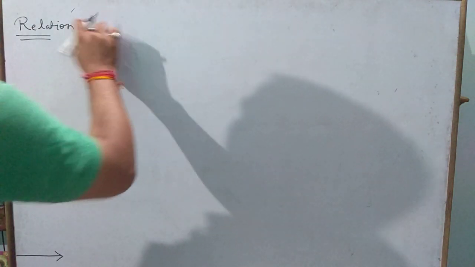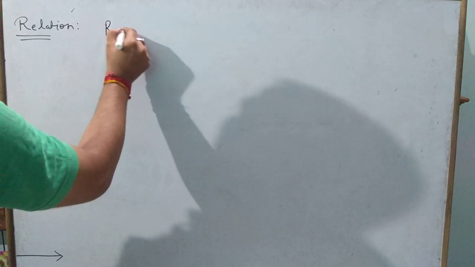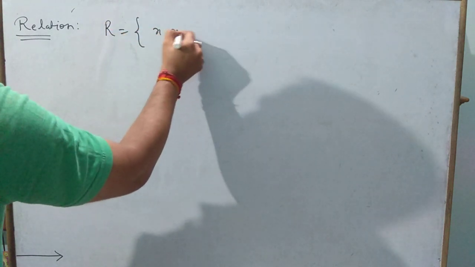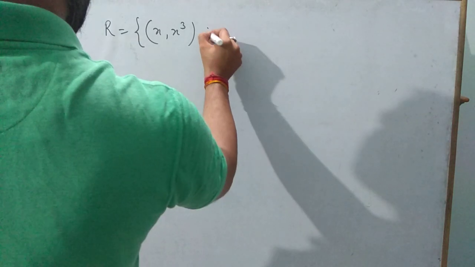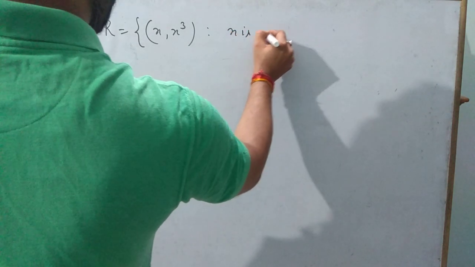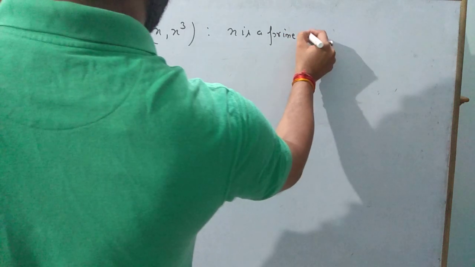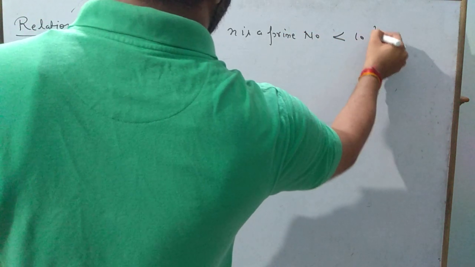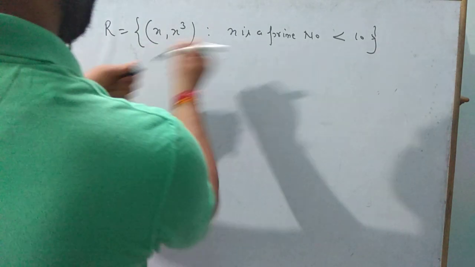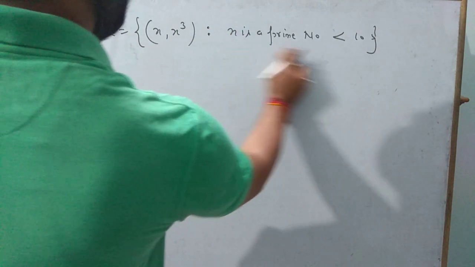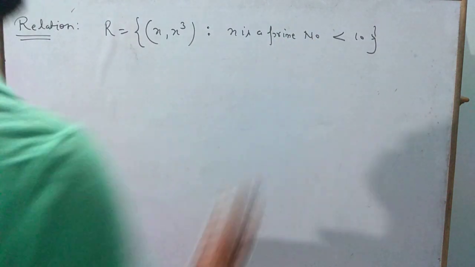Suppose a relation is given, R = {(x, x cube) such that x is a prime number less than 10}. So this is a relation. Whenever "such that" and statement-wise descriptions are written, it is known as set builder form.